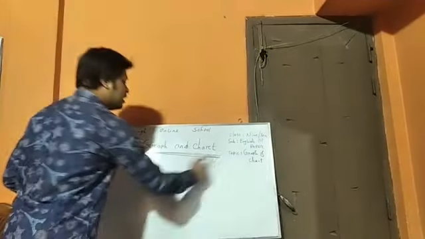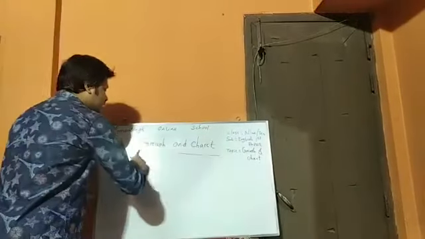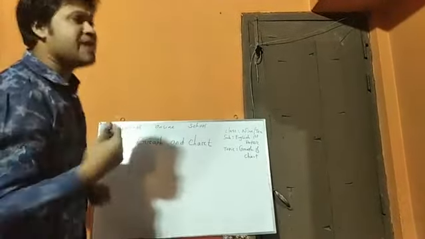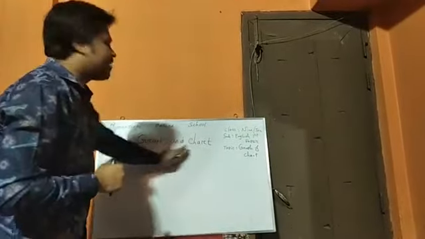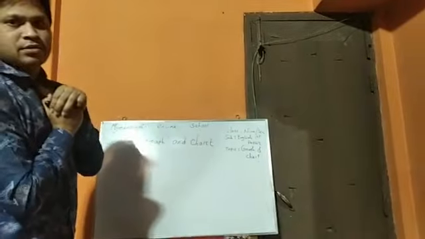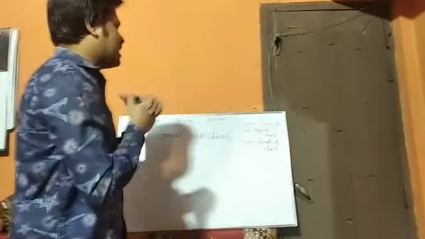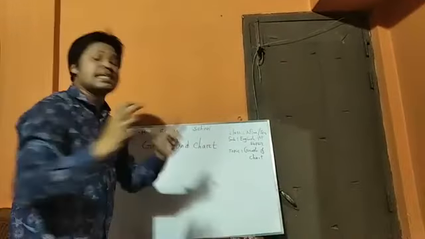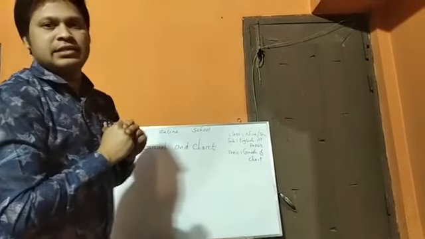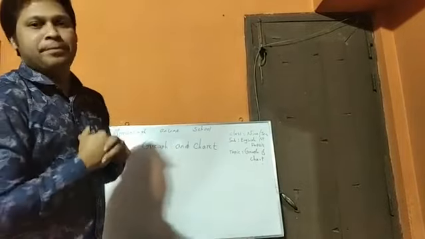That is why if I give the definition of a graph and chart, then we will find that a graph and chart is such type of picture or such type of thing which is a combination of a group of data or datum.